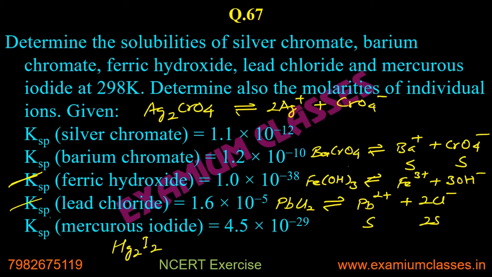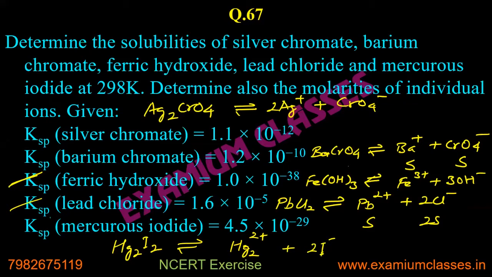Because when it gets ionized, it is actually ionized like this, Hg2 2+. These two atoms remain combined and form the ion. Iodide ions, you know, separate from each other.